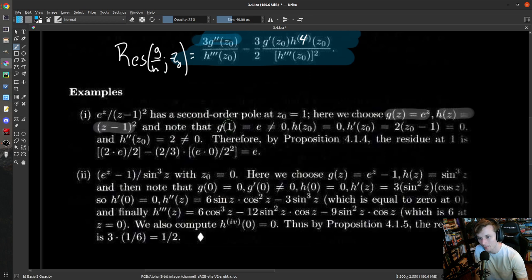So g of 1 is e, that's non-zero. h of z naught is 0. That is, plug in 1, you get 0. Take a derivative, and I'm still going to have a z minus 1 term in there. I'm going to get 2 times z naught minus 1, so 2 times 1 minus 1. I will still get 0. But when I take one more derivative, I will just get 2, and that's non-zero.